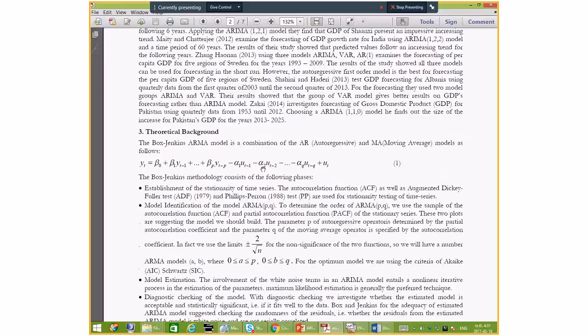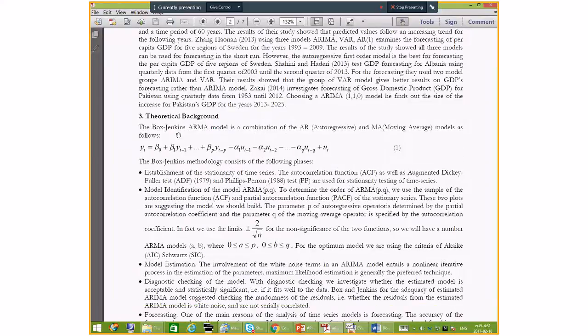What is the Box-Jenkins methodology? It is the combination of the AR, that means autoregressive, and the MA, that is the moving average model, as follows.